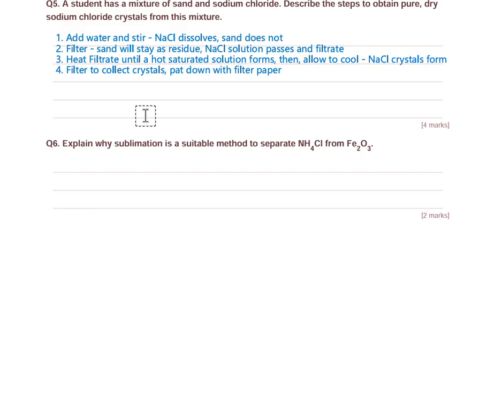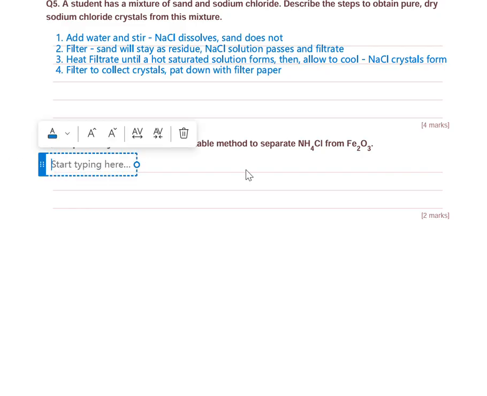Next question: explain why sublimation is a suitable method to separate NH4Cl from Fe2O3. NH4Cl can sublime.